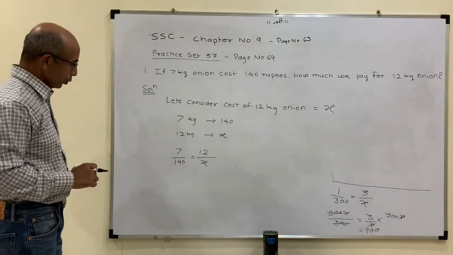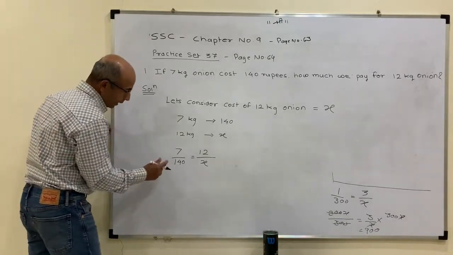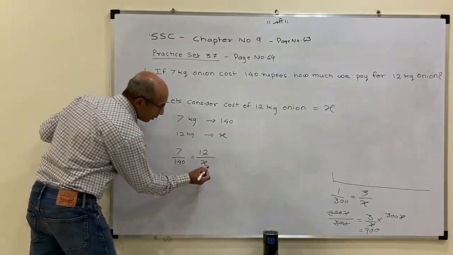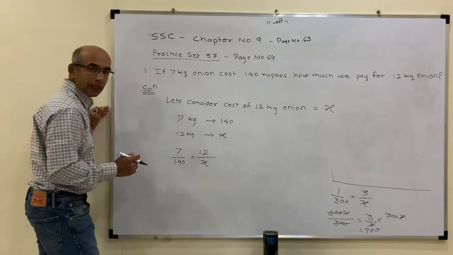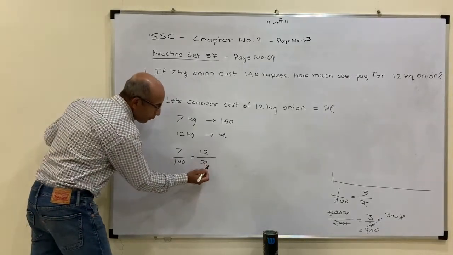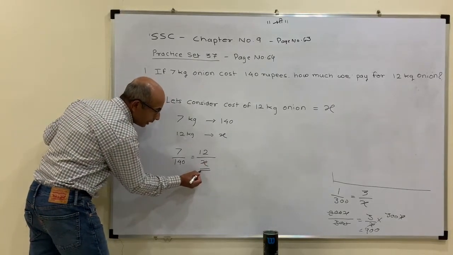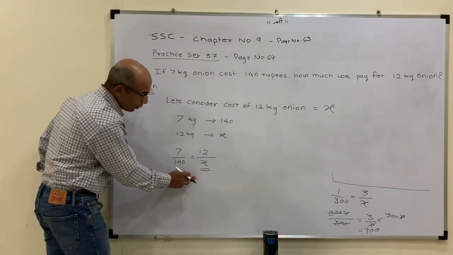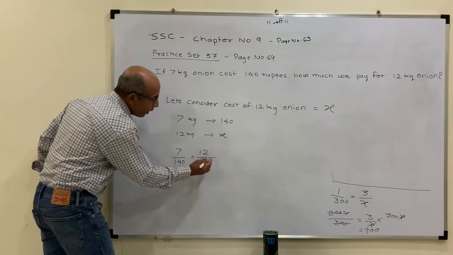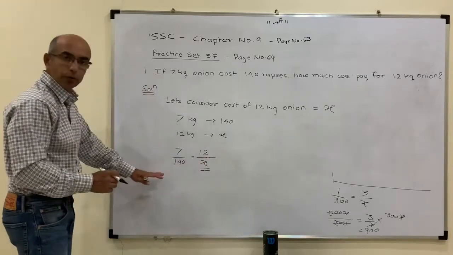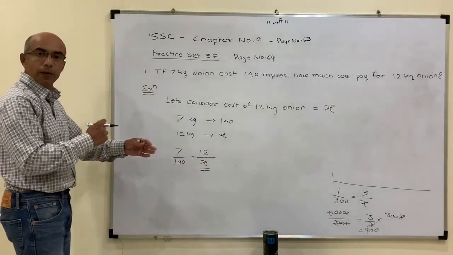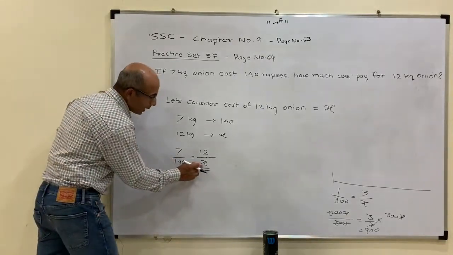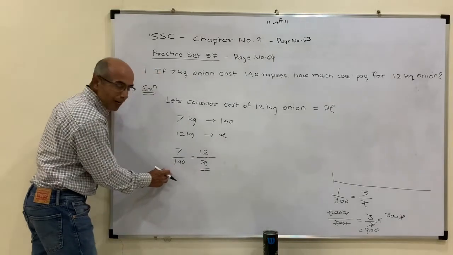Now what I am going to do, I'll construct an equation. Again, I am going to do this in two steps. First, this time I'll multiply both sides by x. Why am I multiplying by x? x is the value to be found, and I don't want that value on the denominator side. I want it on the numerator side. Otherwise, my answer will be in the reciprocal. So I am multiplying both sides by x.